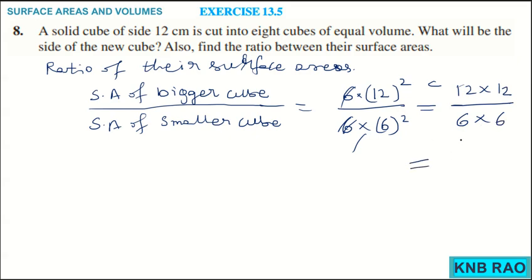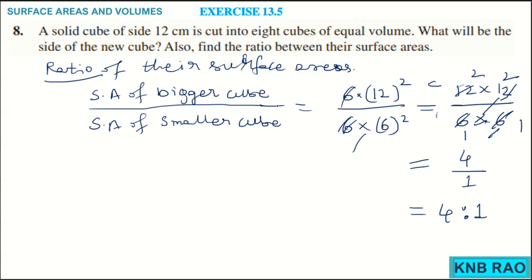On cancellation, 12 cancels with 6: 6 1s are 6, 6 2s are 12. Similarly here 6 1s are 6, 6 2s are 12. So 2 2s are 4 by 1 1s are 1. So that's how we got 4:1 being the ratio of their surface areas.